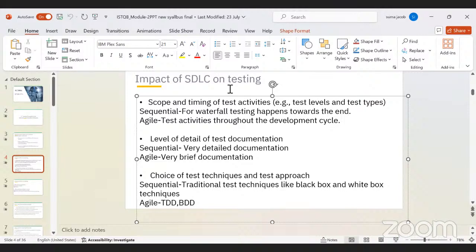If we take the waterfall model, we know that each phase happens only after the previous phase is completed and frozen. So in such traditional methods, testing happens only towards the end.